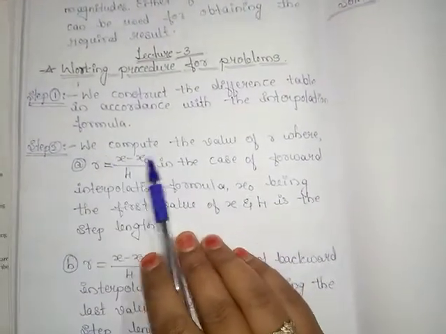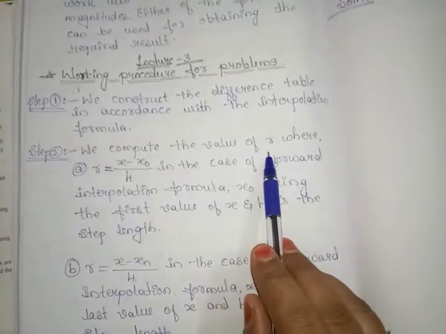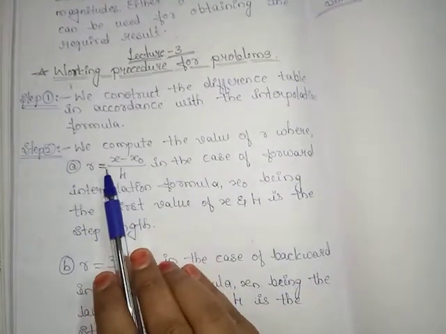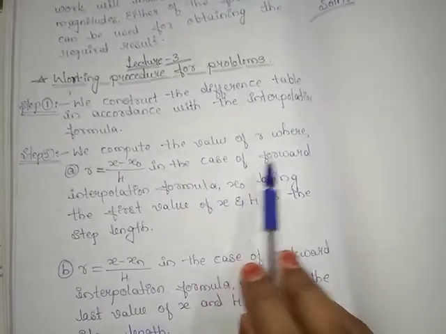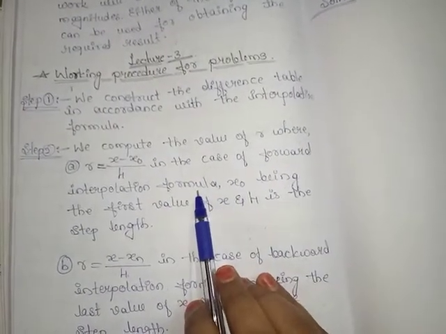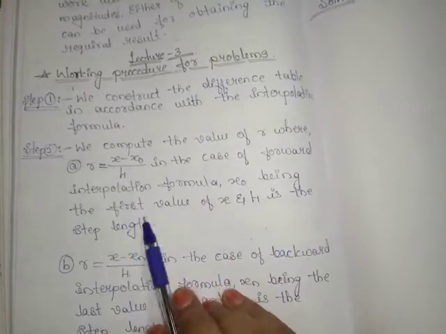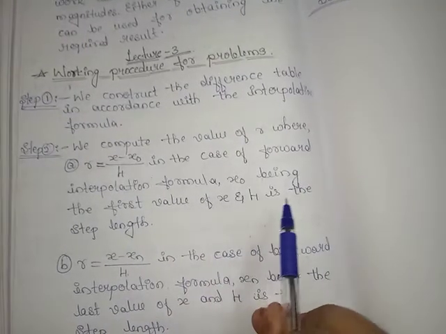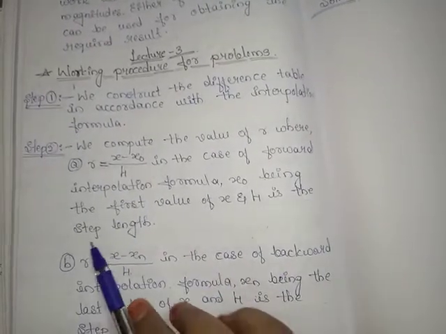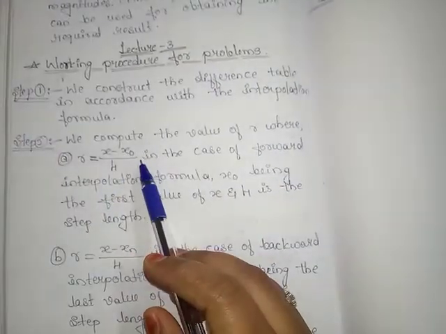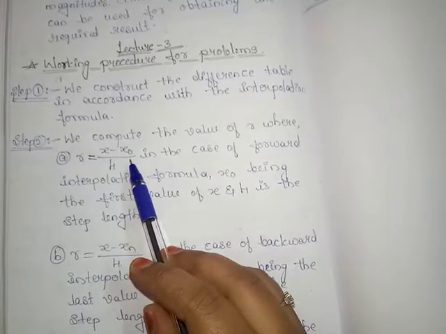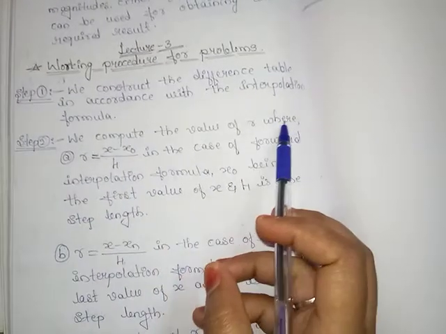Next we compute the value of r, where r is equal to x minus x naught divided by h in the case of the forward interpolation formula, x naught being the first value of x and h being the step length. Second step is we compute the value of r.